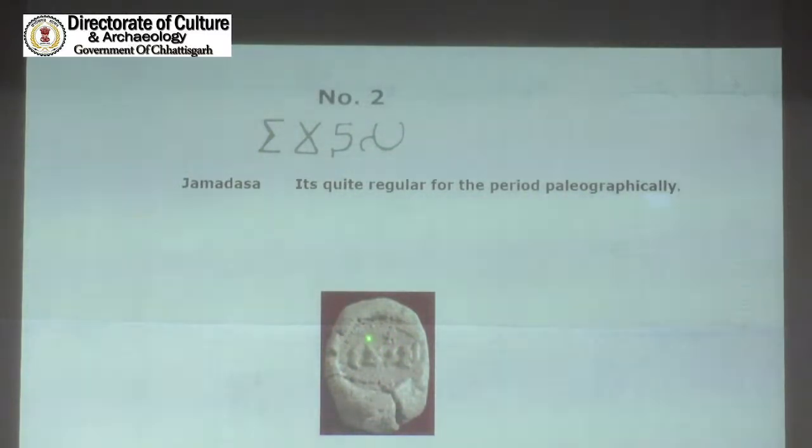Another symbol is there which is not clearly seen, but you see the form. It's quite regular for the period paleographically. So again I have taken this to the 1st or 2nd century. And these are without head mark, so naturally they go to the early phase.